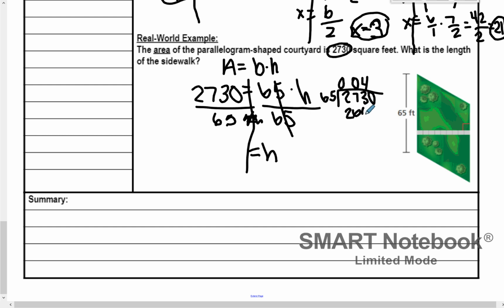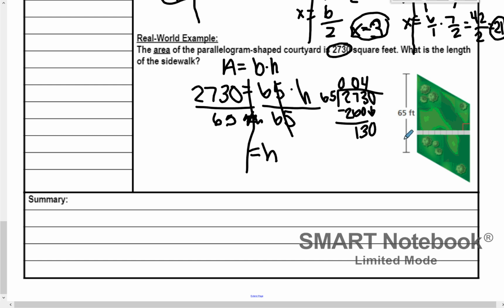So we would subtract 260 and be left with 13. Bring down that 0, 130. Then we ask ourselves how many times can 65 go into 130? Well, I know 60 goes into 130 twice because 60 times 2 is 120.